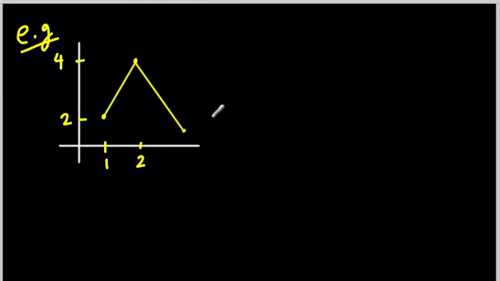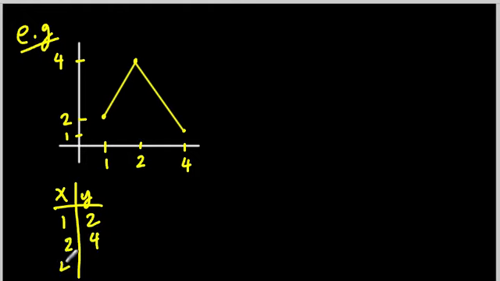Finally, this last point here is, let's say it's 4, and this coordinate right here is 1, right? So if I were to write an XY plot of this function, just using these edge points, it would be 1, 2, 2, 4, and 4, 1.